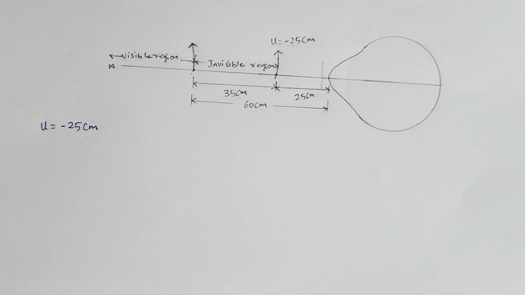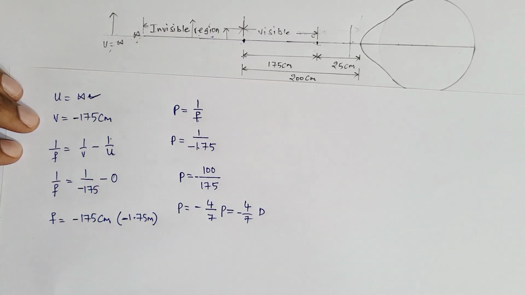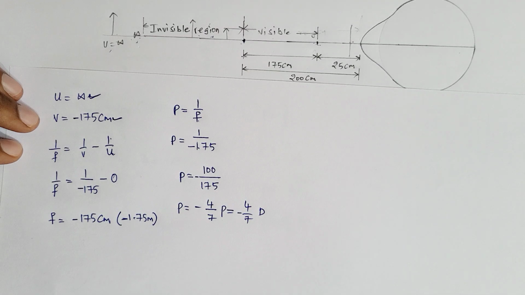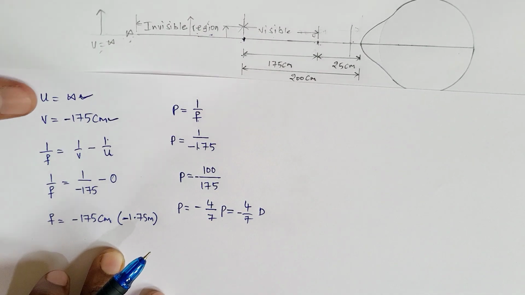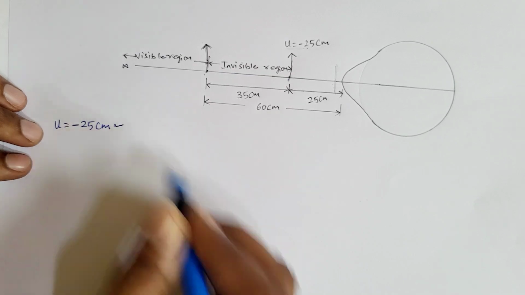Object distance for myopia is infinity. This is fixed. Image distance in myopia they will give in the question. And what about the object distance for hypermetropia? Minus 25. This is also fixed.